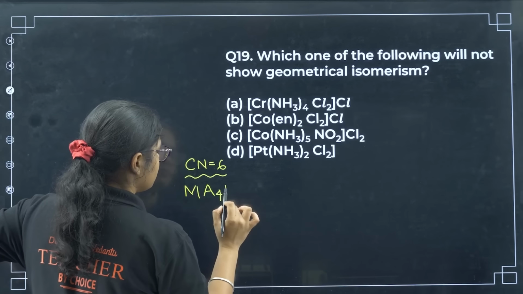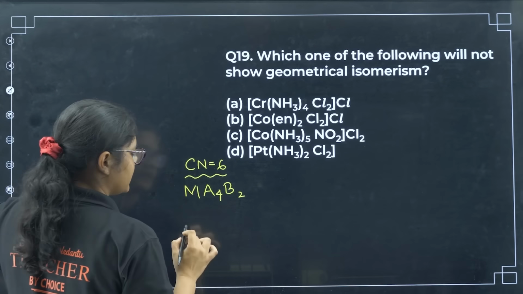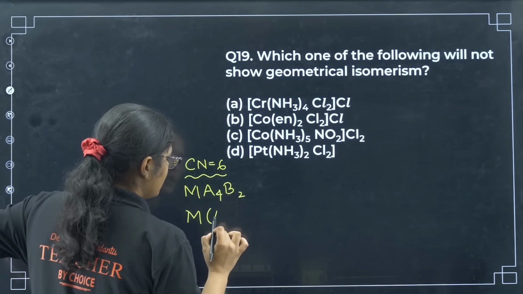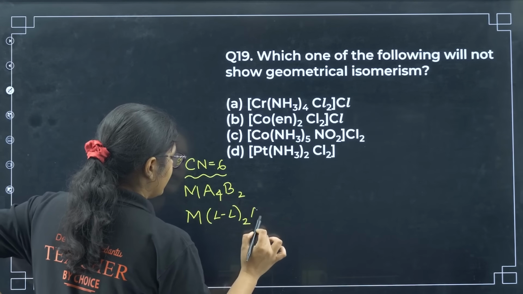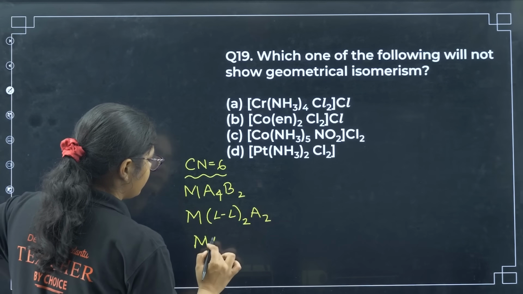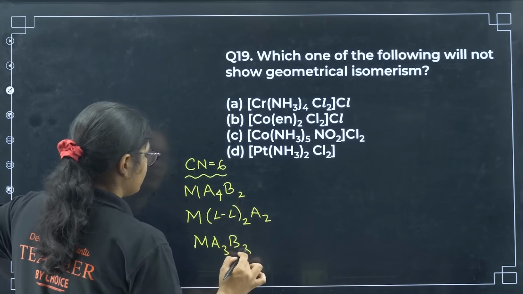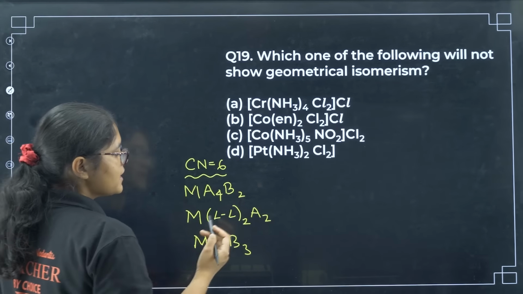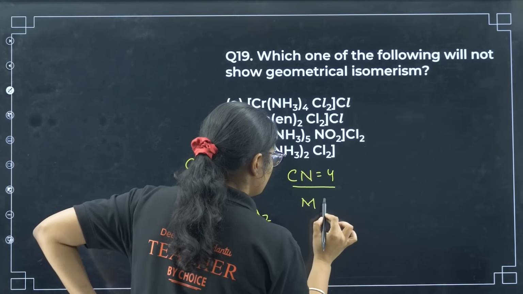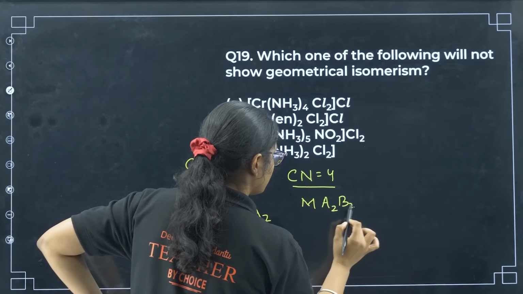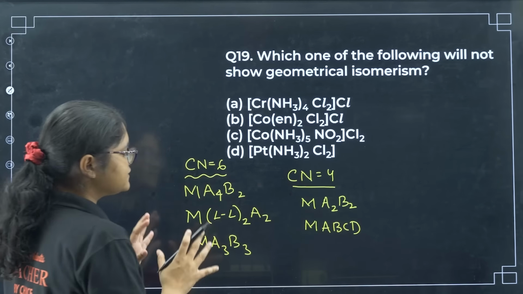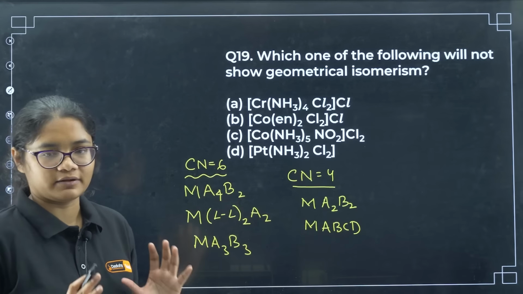I should have MA4B2 type, then I can have geometrical isomerism, or M(LL)2A2, with a bidentate ligand, or if I have MA3B3, that will give geometrical isomerism. And if I have coordination number 4, then I should have MA2B2, and I can have MABCD. Okay, these forms will only give geometrical isomerism.